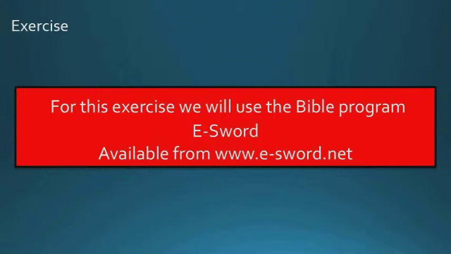For this exercise, I want to use the Bible program eSword. Now, you can get this on the internet from e-sword.net. It is a good program. It has a reasonable search engine, and the best part, of course, is that it is free, which is our favorite price.